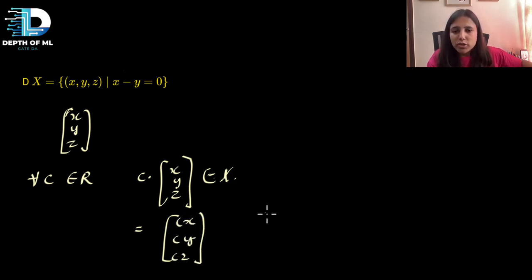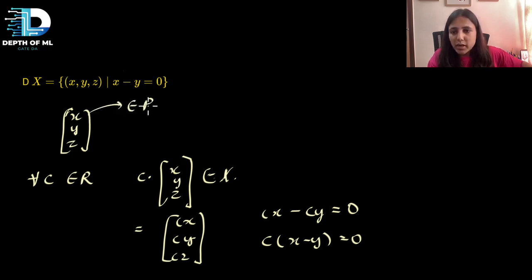Now I have to check whether cx minus cy is equal to 0, right? We know x minus y is equal to 0, because this vector was already in W, so it is of the form x minus y equal to 0. So this is c times 0, which is equal to 0.